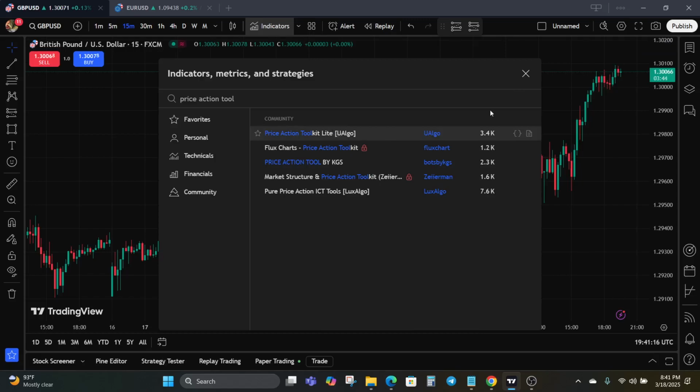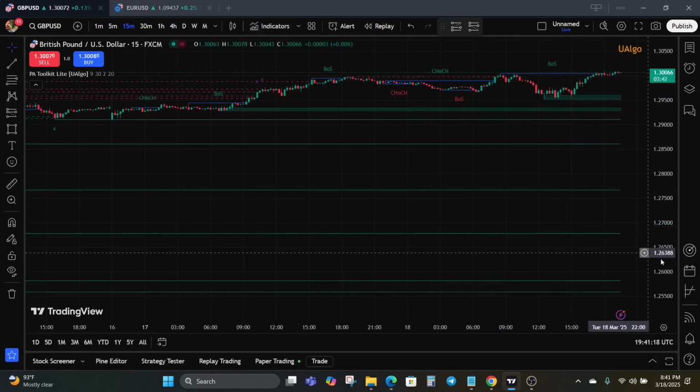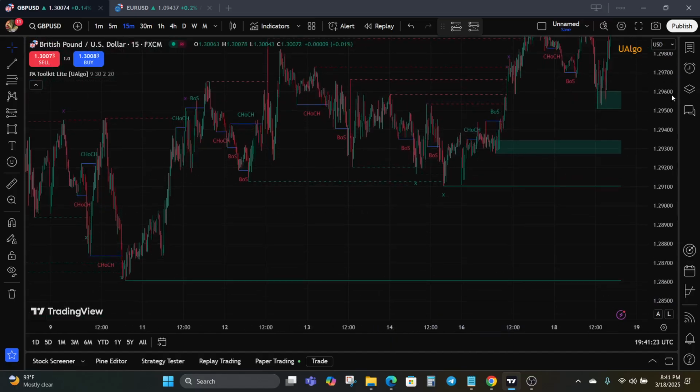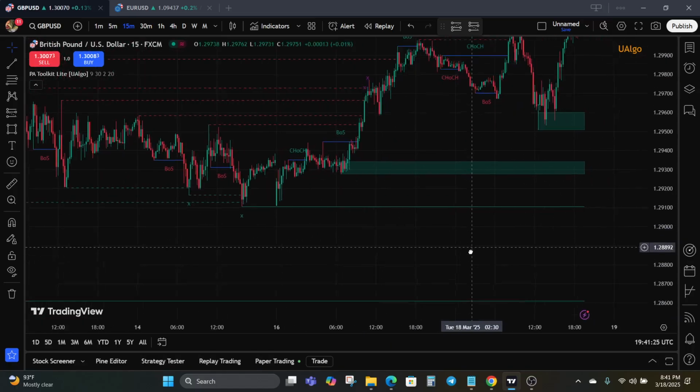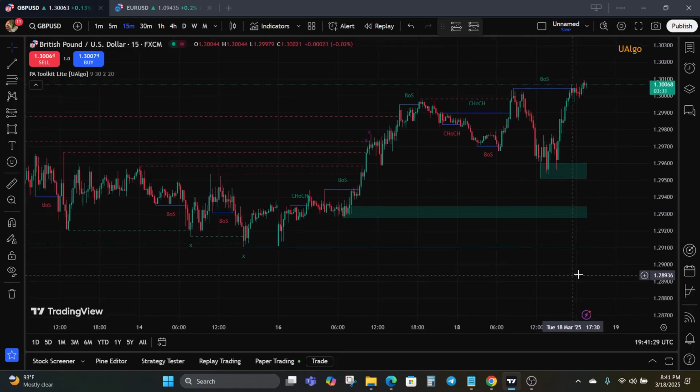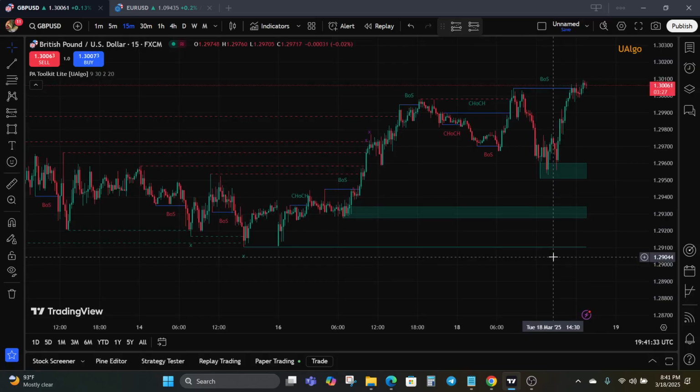It's quite an effective indicator. You can see that it identifies important levels on the chart. So if you rely on market structure, support and resistance, and key breakout levels, then this indicator can be a valuable addition to your trading toolkit.